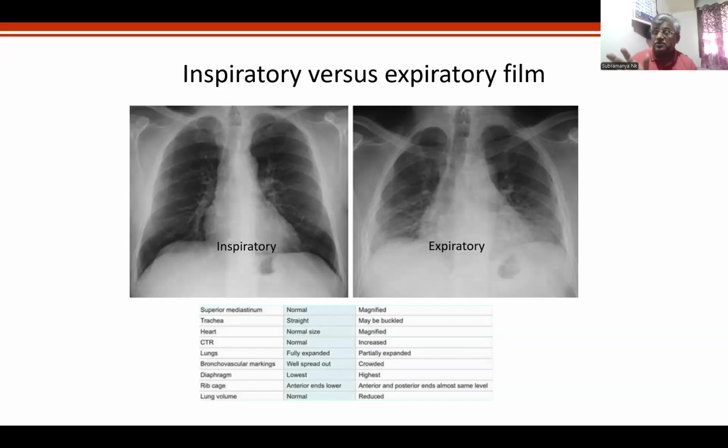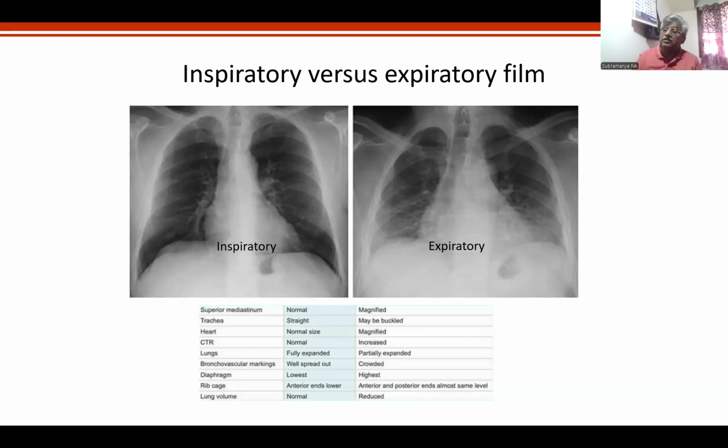Whether to repeat in an inspiratory film or not. How to differentiate between an inspiratory film and a hyperinflation. Hyperinflation is hyperinspiratory. You understand, the findings are on the other spectrum of inspiration. In a good inspiratory film, ribs are oblique. In a hyperinflation, you will see ribs also become horizontal.